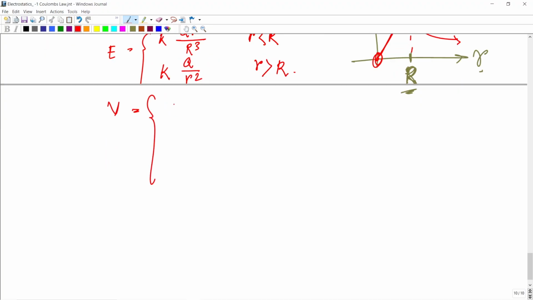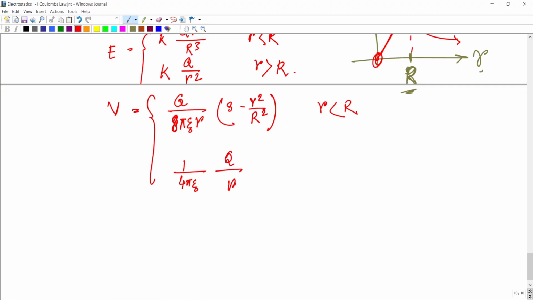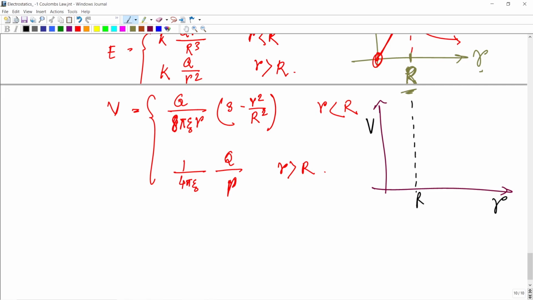Inside the sphere, the potential is q over 8 pi epsilon naught R times (3 minus r square by R square), for r less than R. Outside the sphere, it is 1 over 4 pi epsilon naught q over r, for r greater than R. The graph of the potential V looks like this.